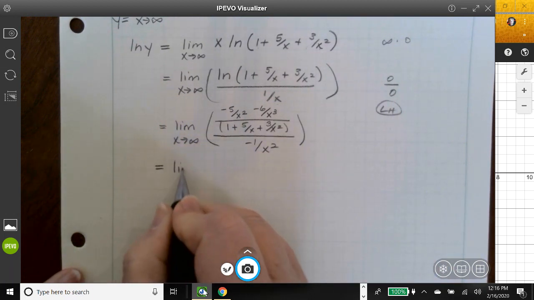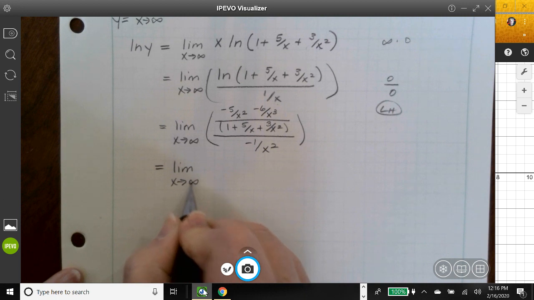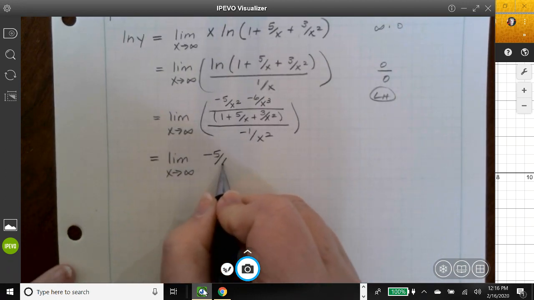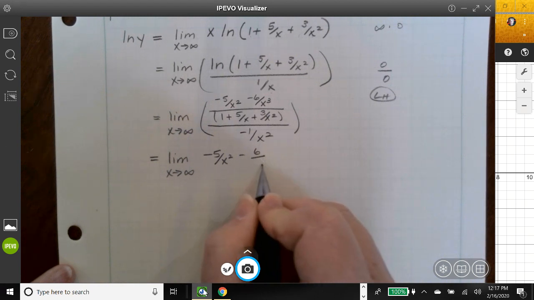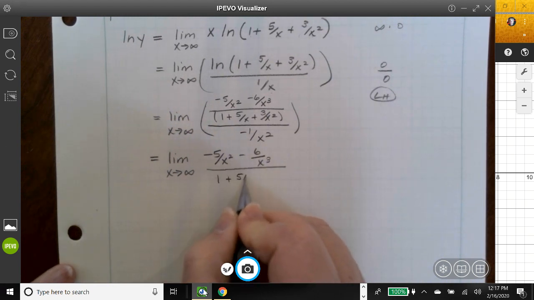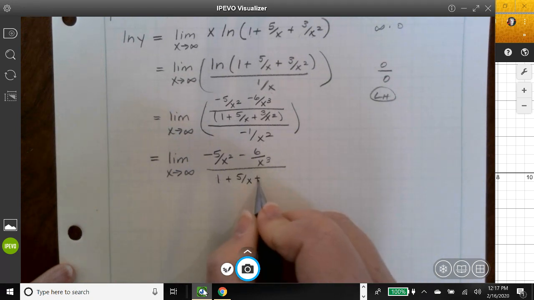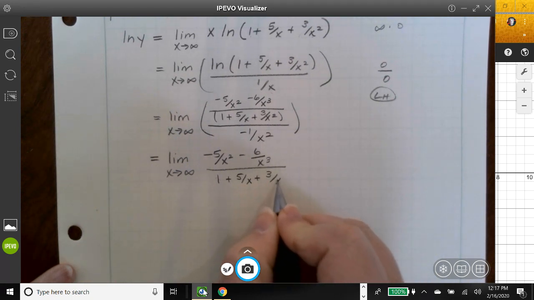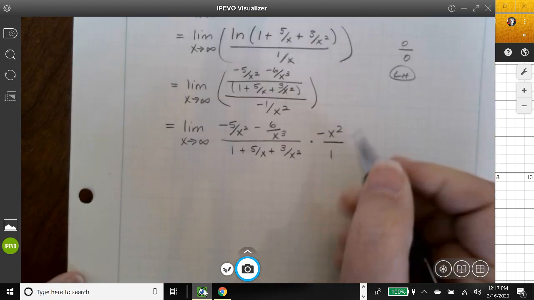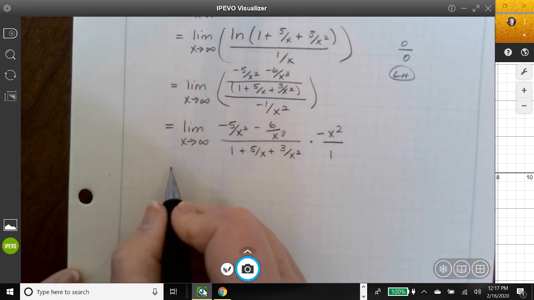All right, and I'm going to do a simplifying step. And that's going to be negative 5 over x squared minus 6 over x cubed over 1 plus 5 over x plus 3 over x squared times negative x squared over 1, because I reciprocated to the denominator.